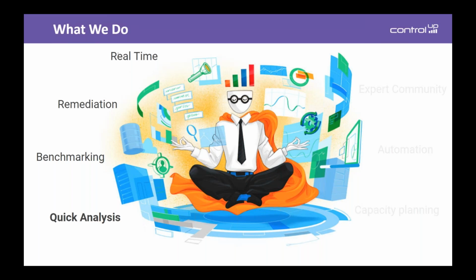ControlUp does quick analysis, so it's a product where we've spent a lot of time to try to help you troubleshoot faster, help you get to the root cause faster. And one of the ways we do that is we have this feature called stress, where we can actually assign, once you've crossed a particular threshold, that a color changes within one of the properties of one of the objects.